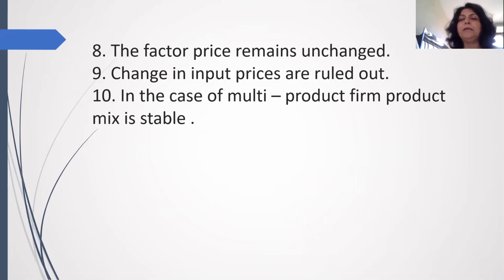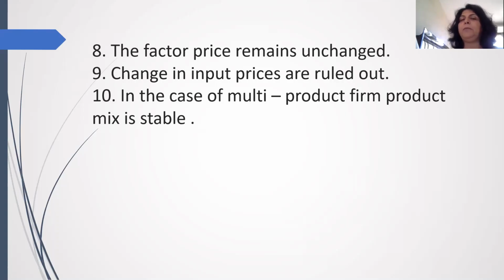Factor prices like wages, like interest, rent, they don't change. And change in input prices are also ruled out. Here the input prices are non-factor inputs like raw material. Their prices are also not changing.